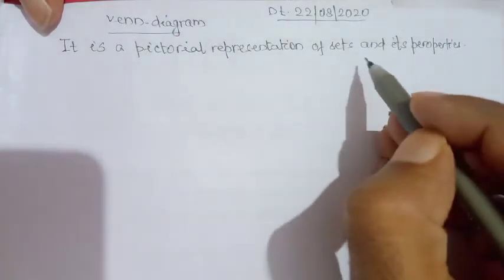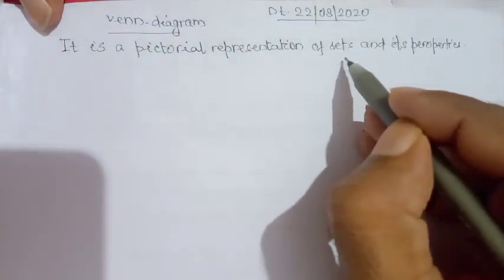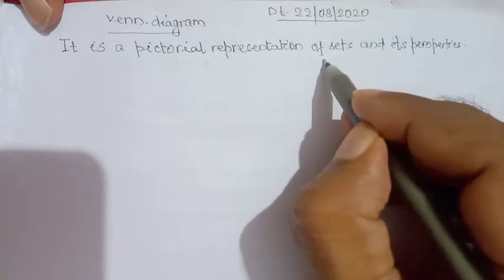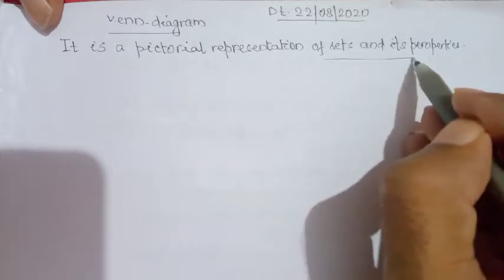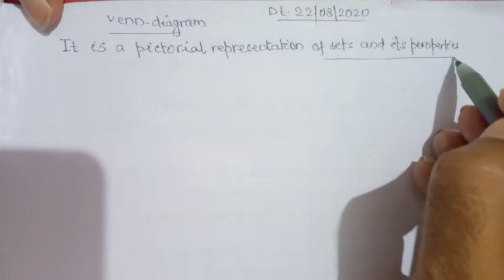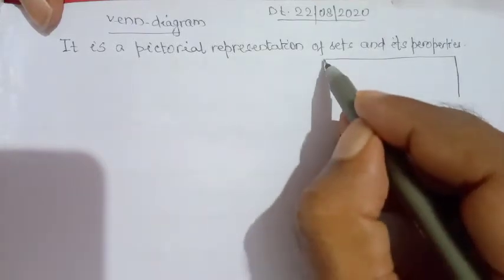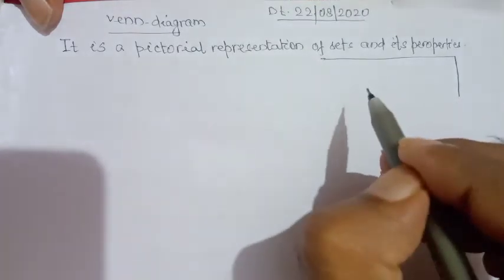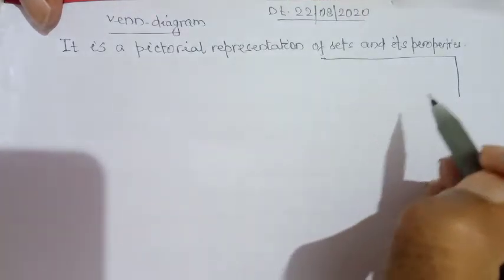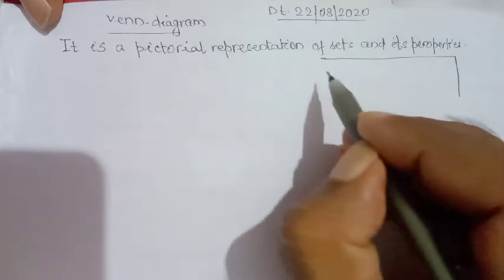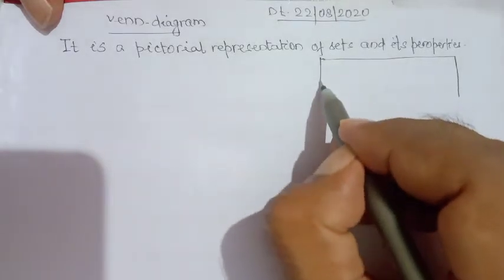First of all, we represent Venn diagram. Since you know already, every set is the subset of universal set. So first of all, you must remember that all these sets must be drawn under universal set.